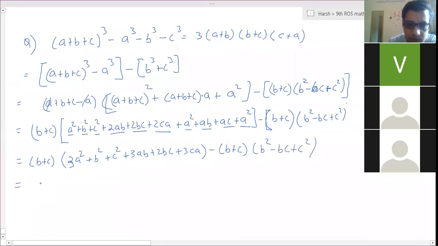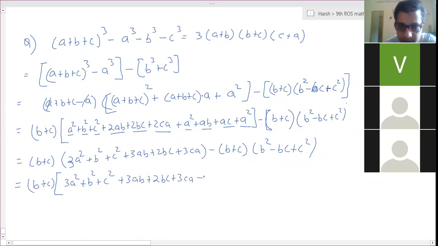Yes, sir. Now we can take B plus C common, and 3A square plus B square plus C square plus 3AB plus 2BC plus 3CA, then minus B square plus BC minus C square, correct?